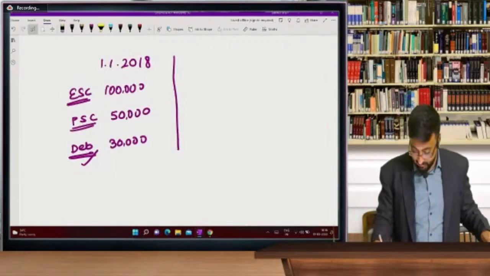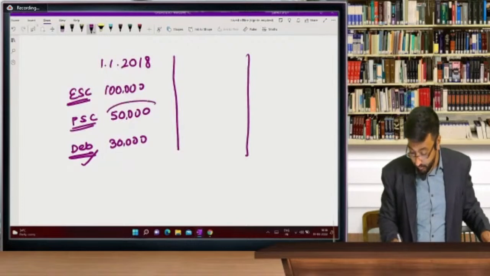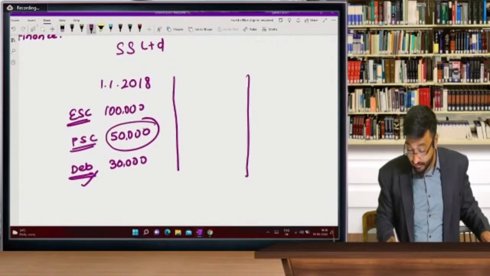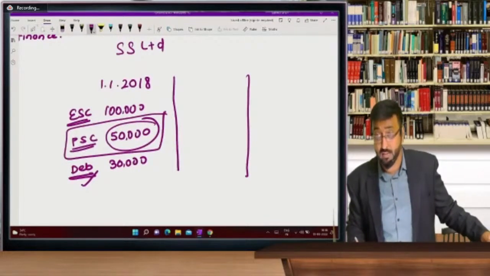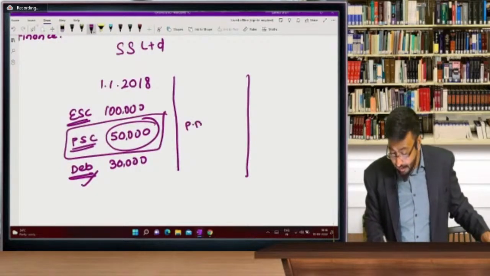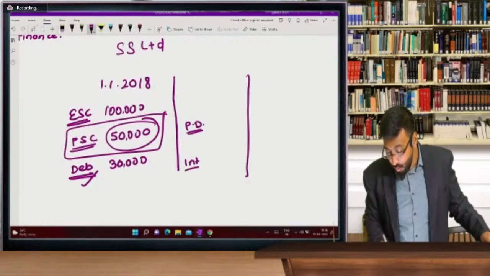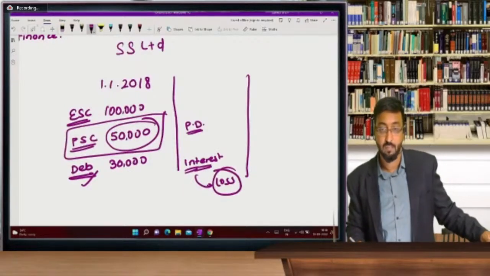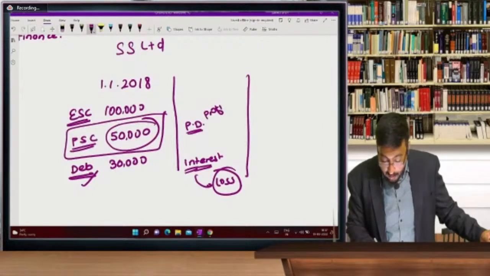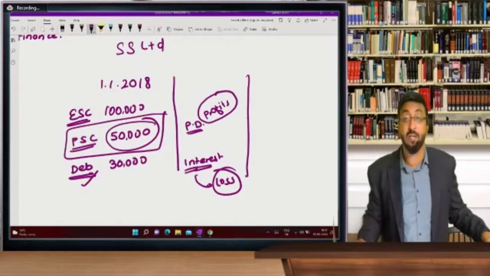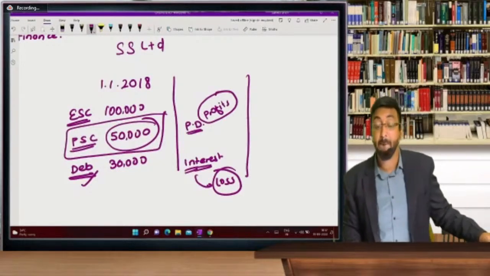Now friends, redemption means in advance I will tell my shareholders that preference shareholders will get preference dividend. What is the difference between preference dividend and interest? Interest is paid even in case of loss, but only in case of profits will we pay preference dividend. This is the basic difference.